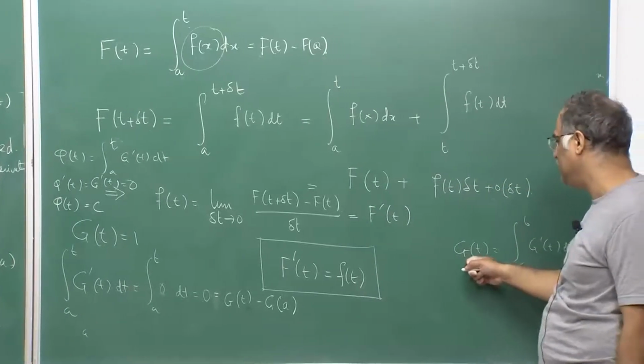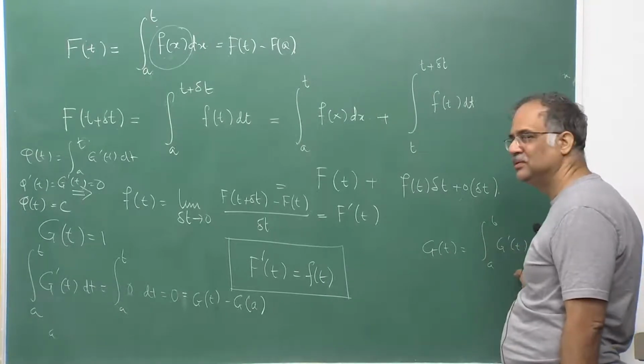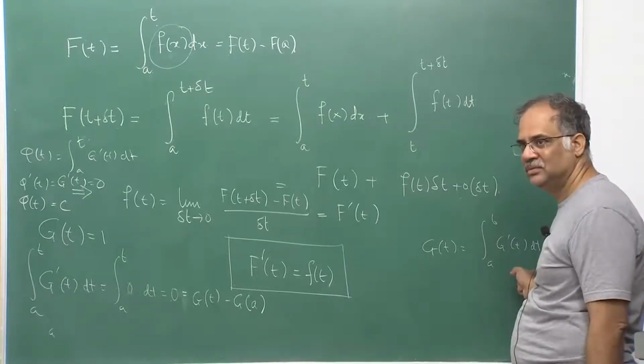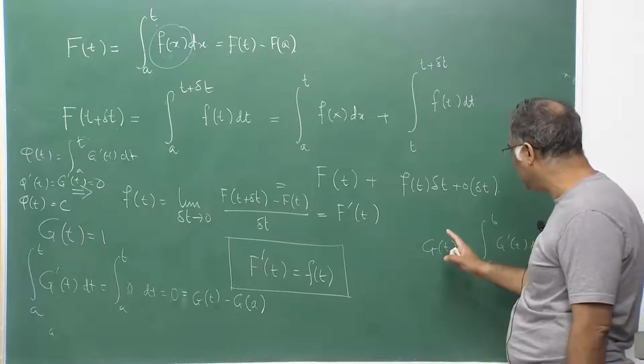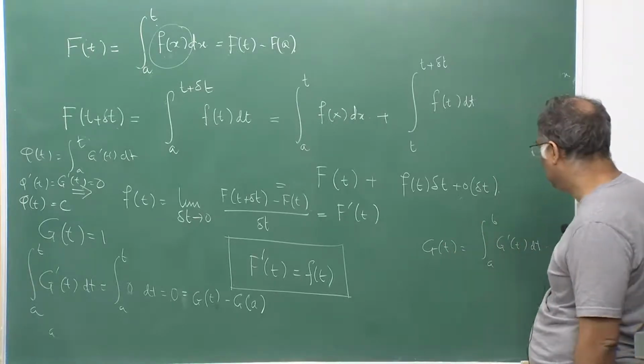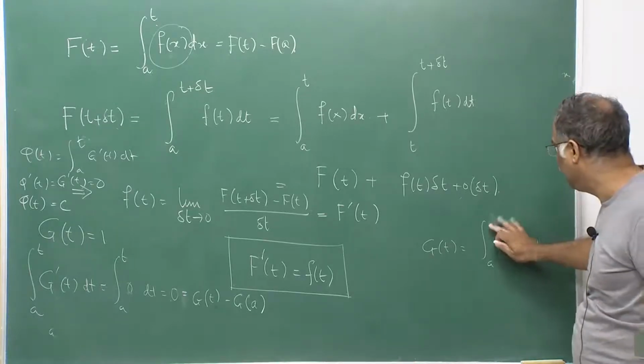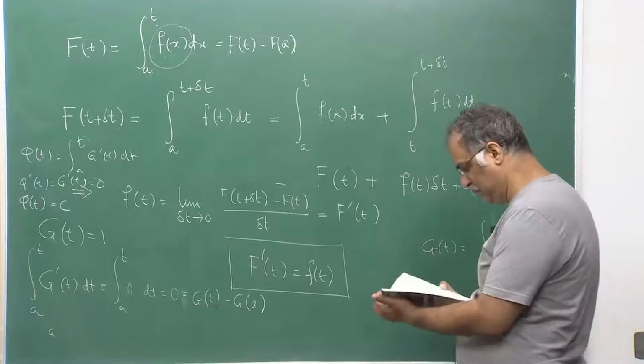It does not tell you that g t is actually the integral of this. This integral is nothing but g t minus g a. And in this case g a is 1. A to t, what is that integral?